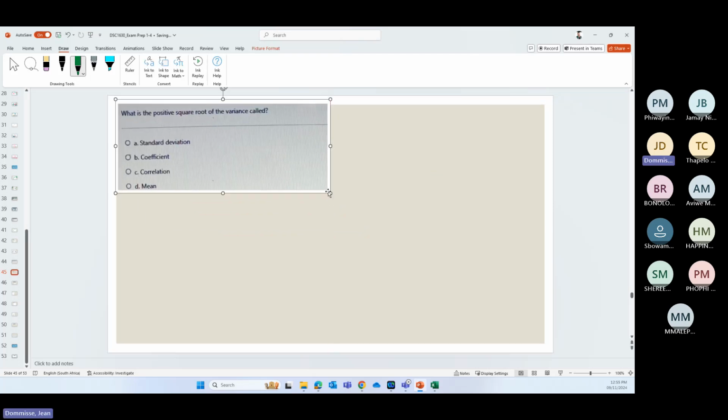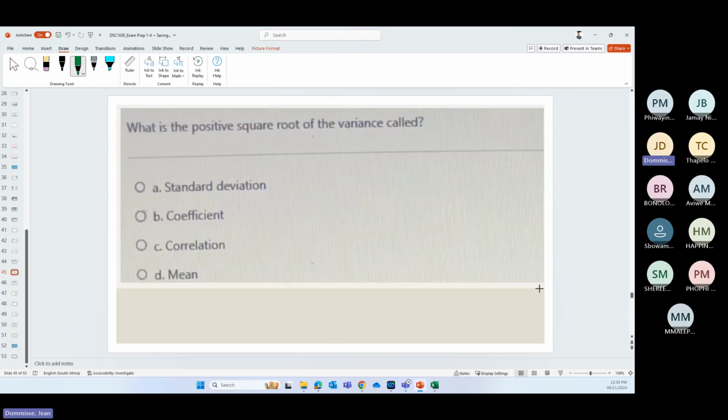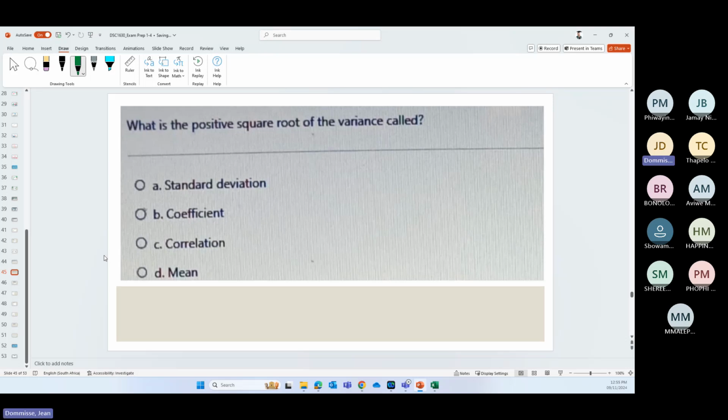Then we got a theory question. So you guys won't get a lot of theory questions, but normally what they love theory questions to look at is that last chapter on the statistics where they look at correlations, they look at determination, they look at some of the regression stuff.